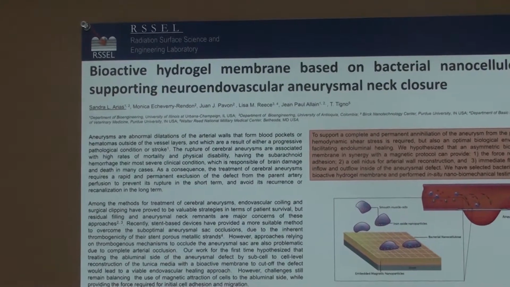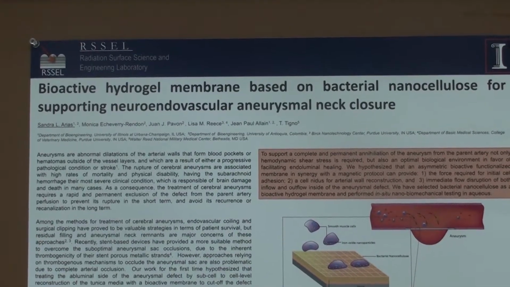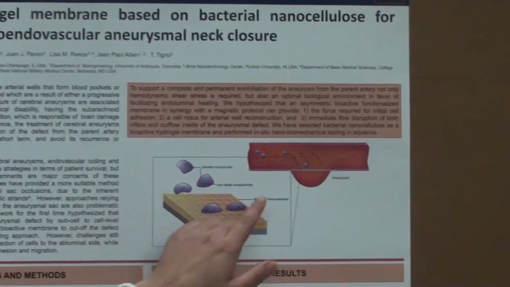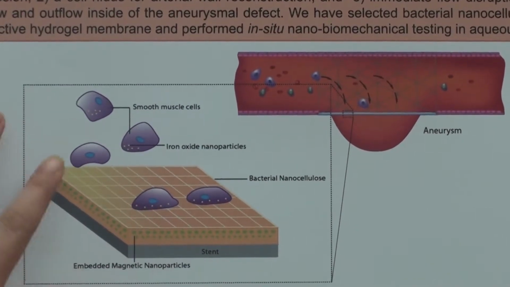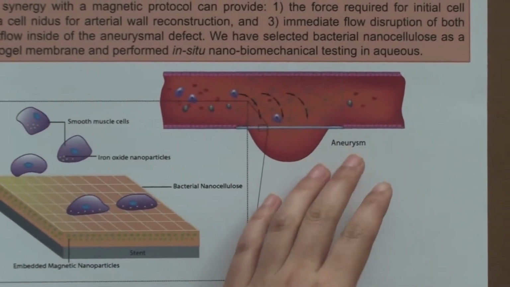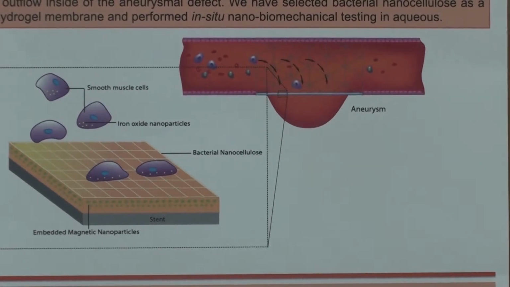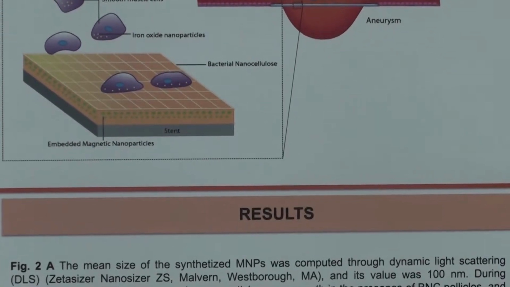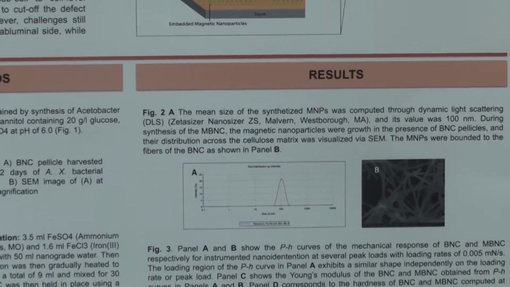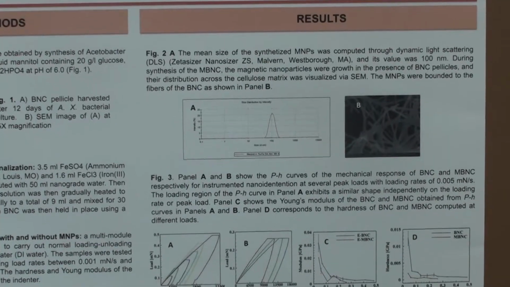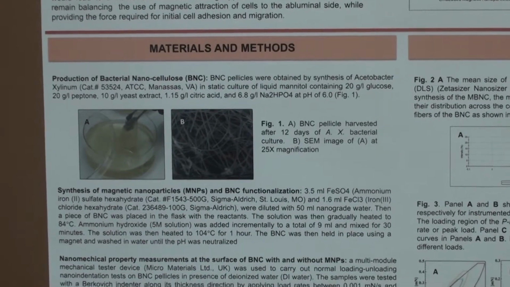We are using a hydrogel that is produced by a bacteria, and this hydrogel is placed in the neck of the aneurysm, and we are trying to attract muscle cells to this area and start closing that defect. In this work, we did some mechanical testing of the hydrogel, and we found that this material is very close to the properties of the vascular wall. So it's very suitable for this kind of application.